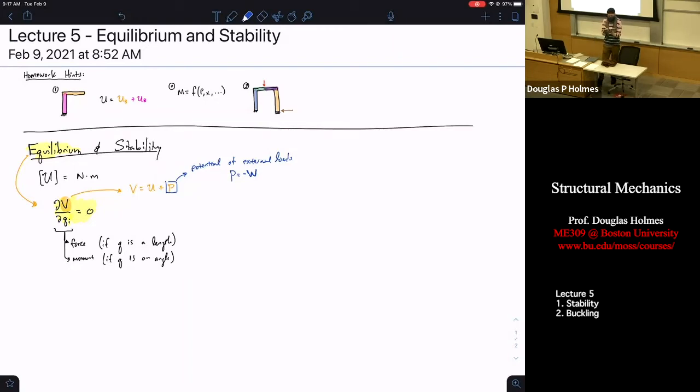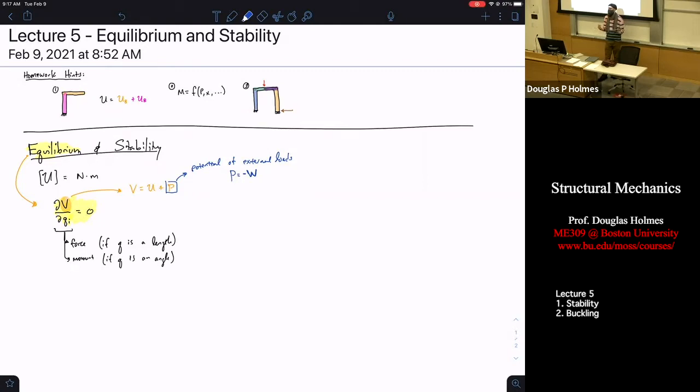One of the ways people talk about potential energy is in this vague wording. They'll say there's a potential energy landscape, which, when you're first exposed to that concept, doesn't really make a ton of sense.